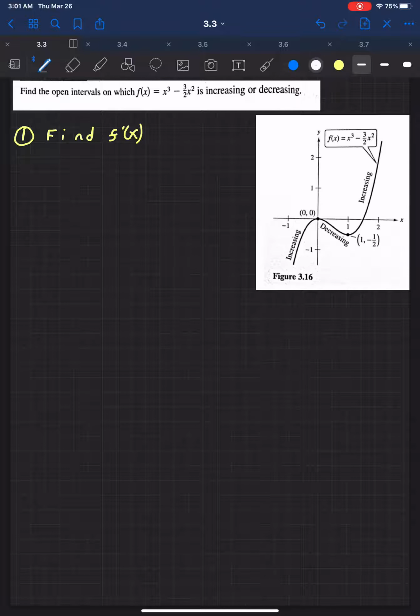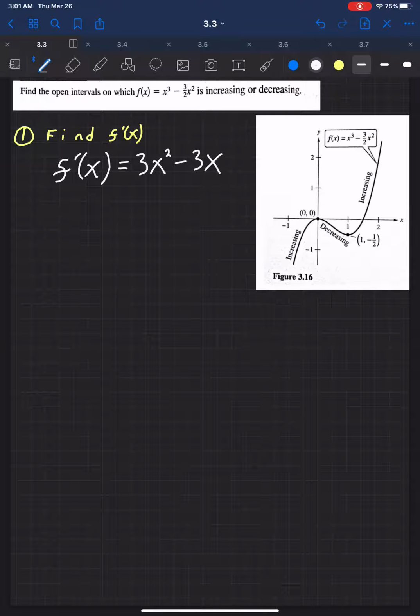So I'm going to assume you would be able to follow me through to get to this derivative. All right, ready? So f prime of x, the derivative, is 3x squared minus, well, 2 times 3 halves is 3, so minus 3x.